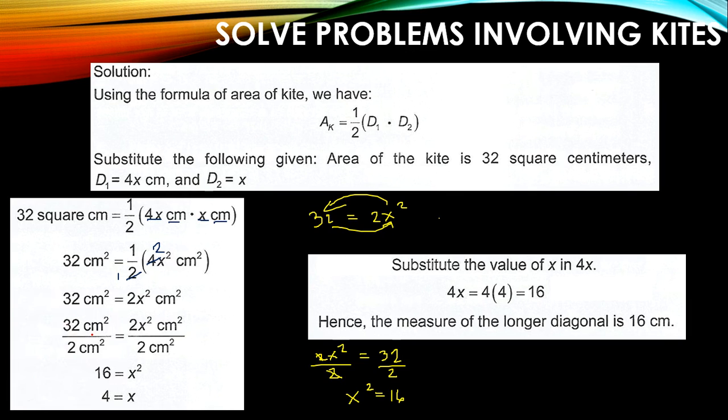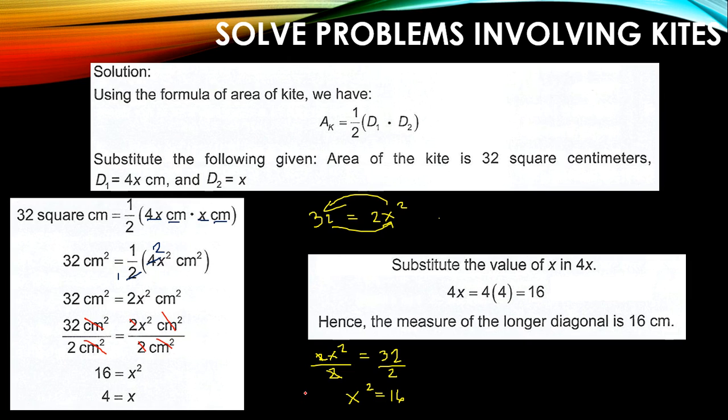This is 32 cm squared equals 2x squared cm squared. They are being divided by 2 cm squared, so it cancels out. So 32 divided by 2 is 16. Then 2x squared cm squared divided by 2 cm squared, the 2 cancels out and only x squared remains. The cm squared also cancels out, so there is no unit of measurement. So 16 equals x squared.